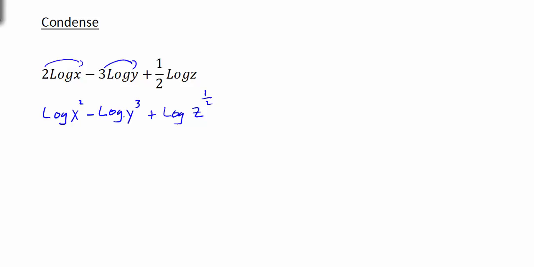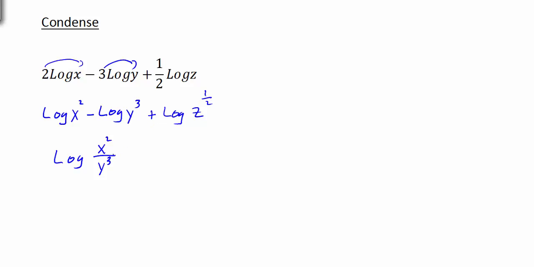combining these together. Now, we have log of x squared minus log of y cubed. So we could think of this as the log of x squared, and because it is being subtracted, the y cubed is going to go on the bottom. We're going to divide by y cubed. And now it's plus log of z to the 1/2.